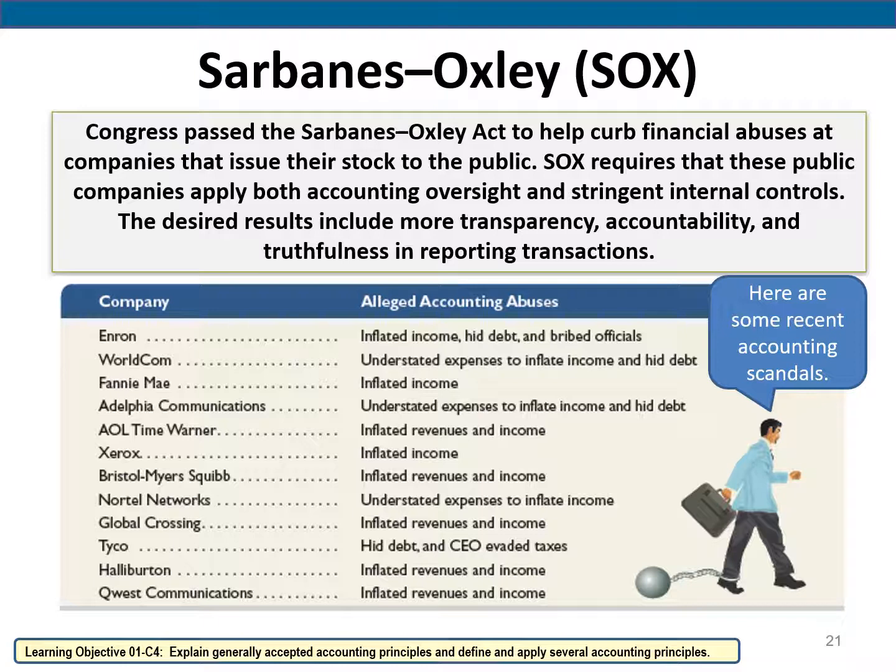But you can see here, this was the outcome of several decades and several companies who had inflated income, understated revenues, understated expenses, overstated revenues, overstated income, hid debts to avoid tax implications and all kinds of things. So you can read about Sarbanes-Oxley in detail in the book, but generally the super summary thing that you need to know is just that it was passed by Congress and it applies to public companies only. And the purpose of it was to increase transparency, accountability, and truthfulness.